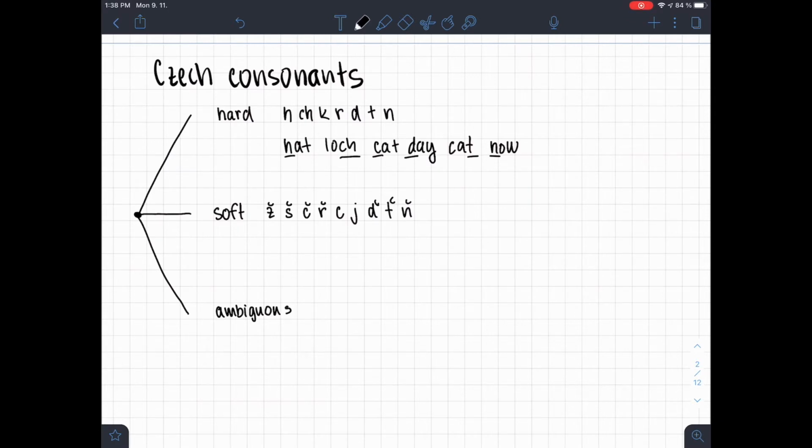Ž, you can find in an English word measure, measure, ž. Š, you can find in a word shop, shop, š. Č, you can find in a word Czech, or the Czech Republic, č, č.